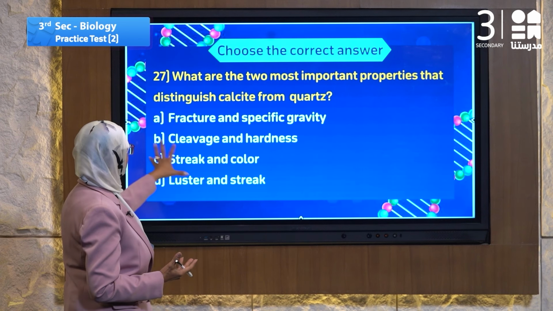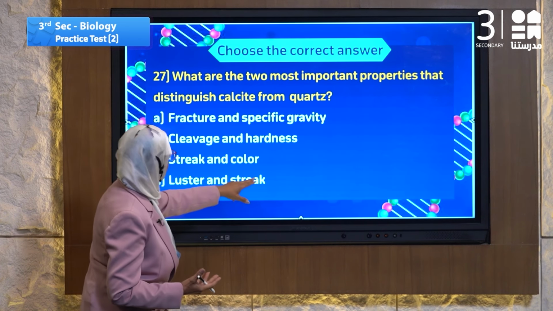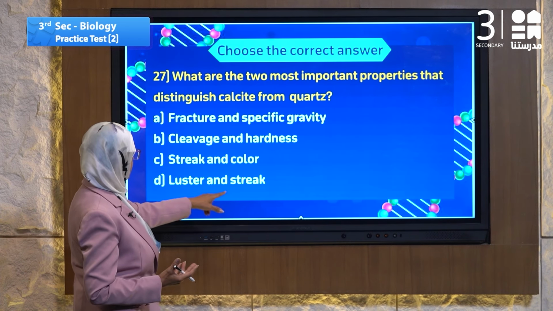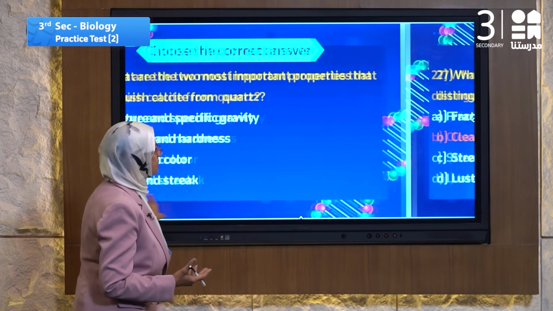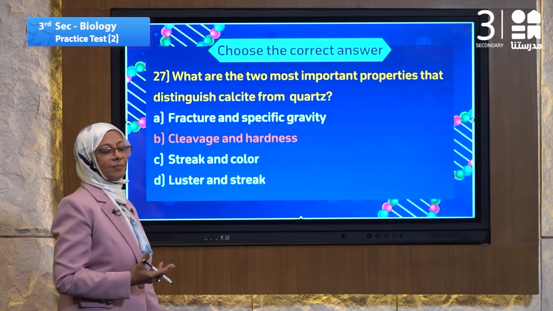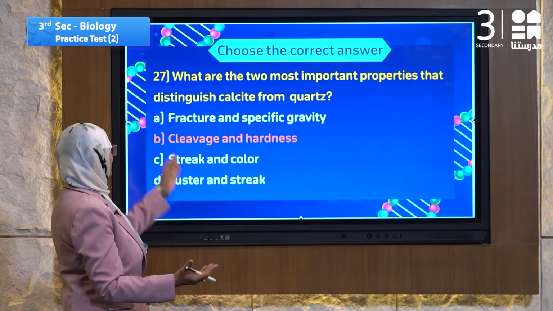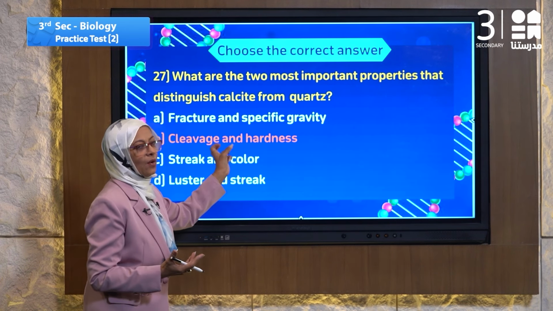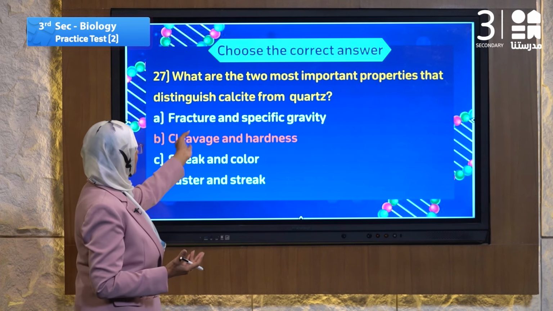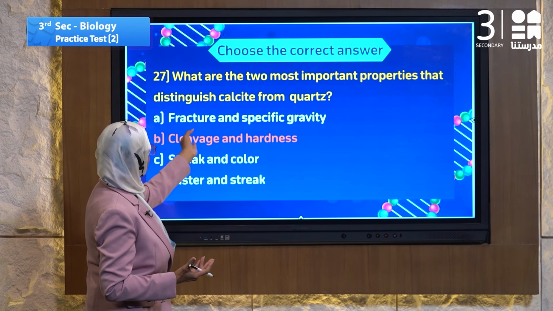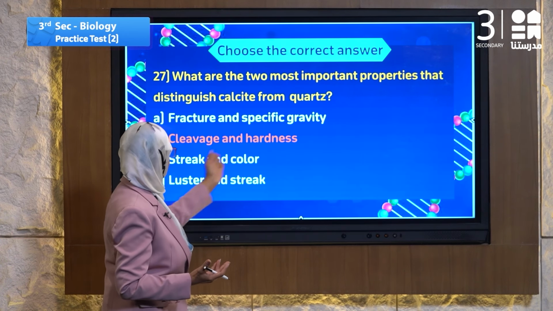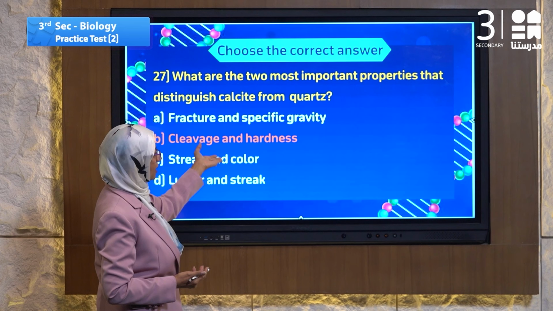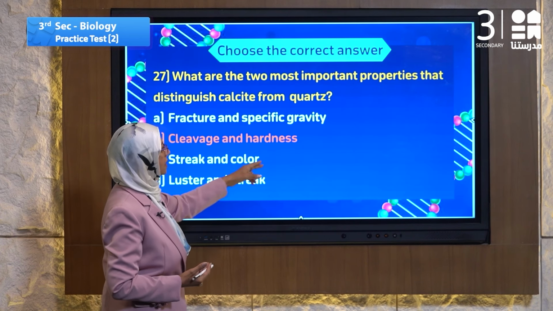Fracture and specific gravity. Cleavage and hardness. Streak and color. Luster and streak. The answer is B. Cleavage and hardness are the most important comparison between calcite and quartz. They are different in cleavage and hardness.